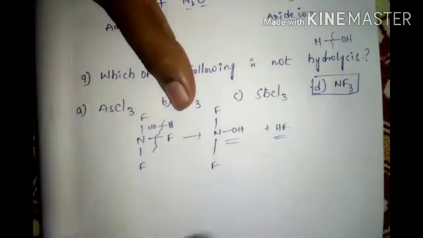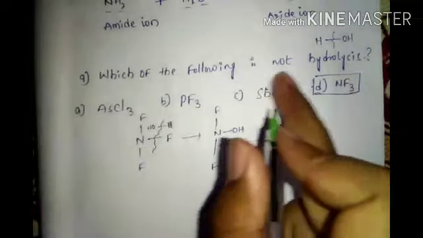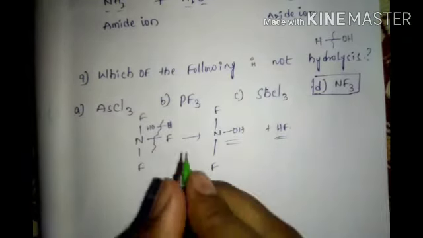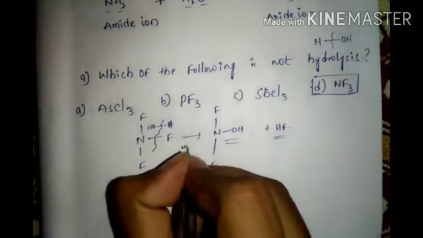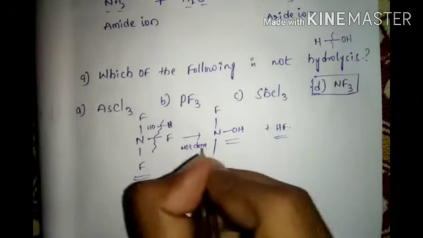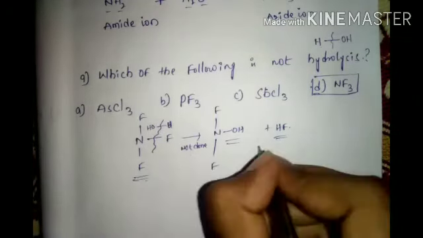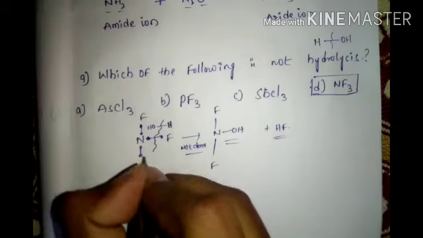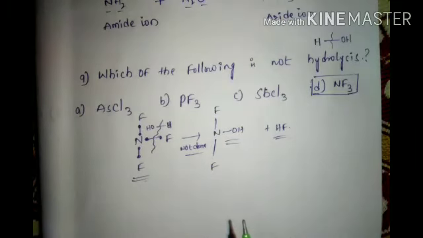This is possible. But which of the following is not hydrolyzed? This process is not done here. If it happened, this would be the product, but it is not possible. Why? Same reason. Nitrogen and fluorine don't allow the bond to break because of the highest electronegativity. And there is one more reason: d orbitals are needed to accept electrons donated by water for hydrolysis.